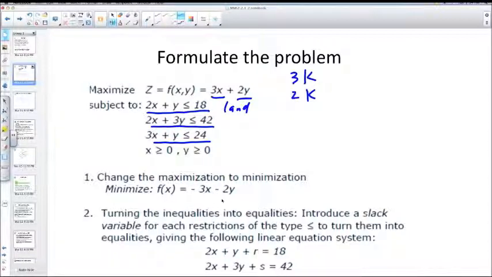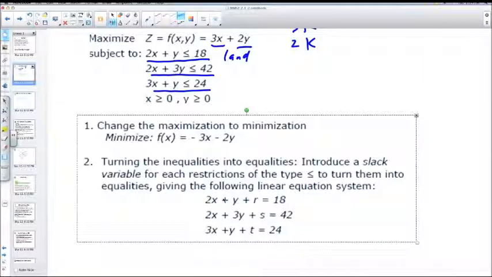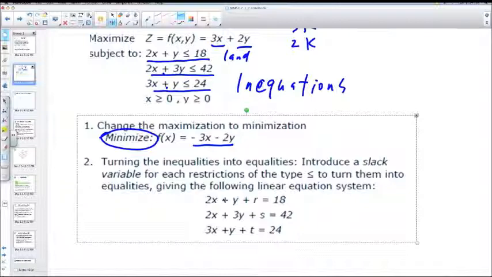Step 1, very easy, just change the positive into negative, then you can minimize. That's just for the convenience of the algorithm. And in the second step, I need to change these 3 inequalities to equations.